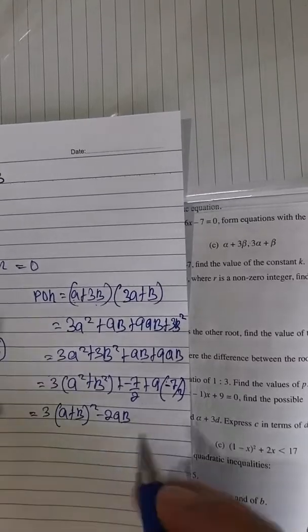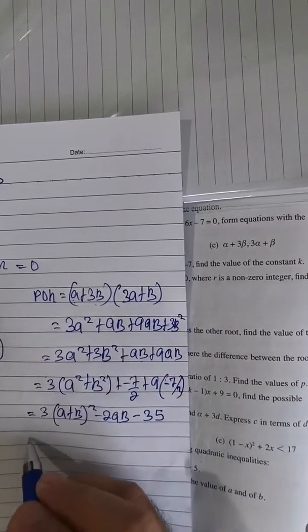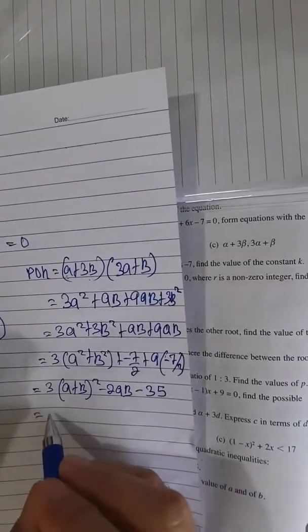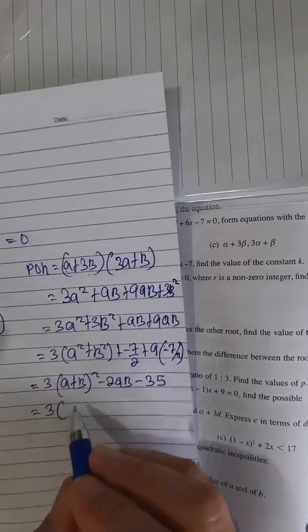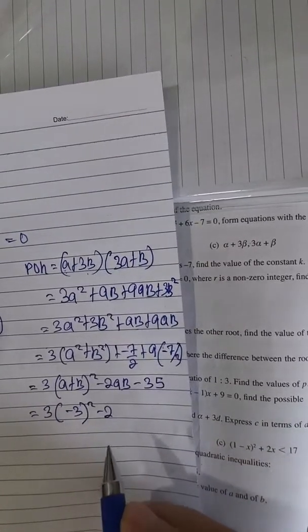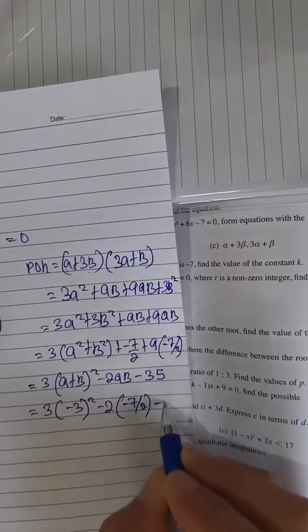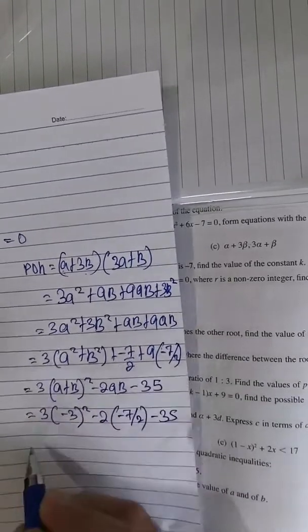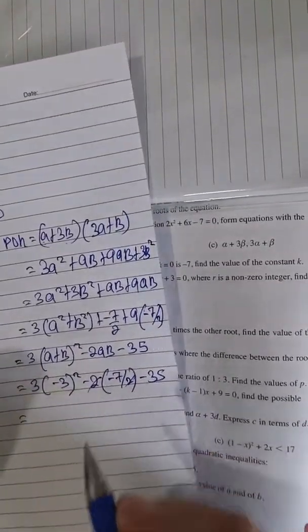I will get negative 35 for this part. Then I still have to substitute: alpha plus beta will be negative 3 squared, minus 2 times alpha beta, which is negative 7 over 2, minus 35. This one I can cancel.